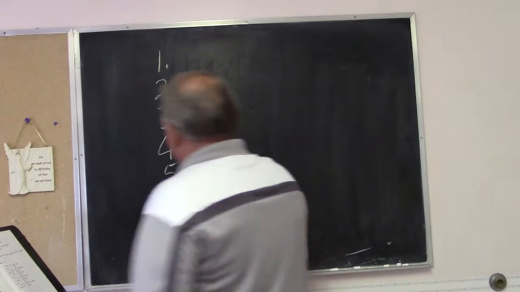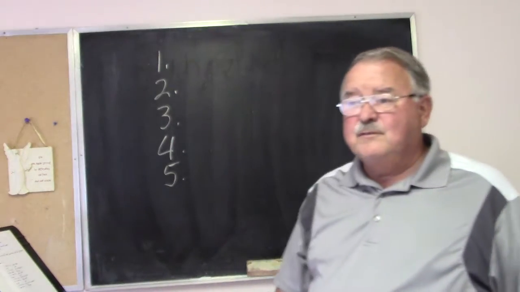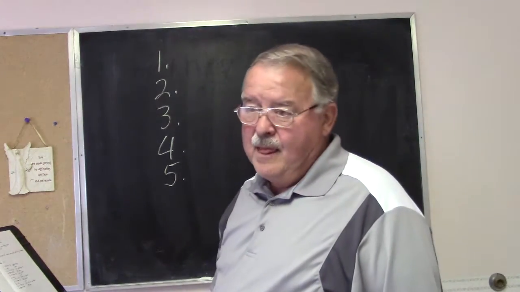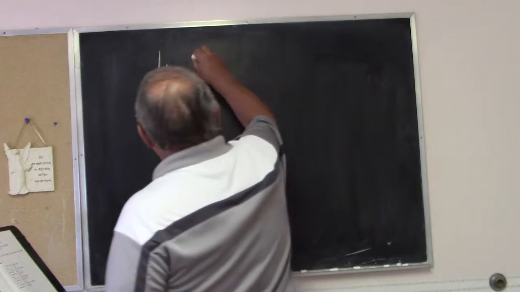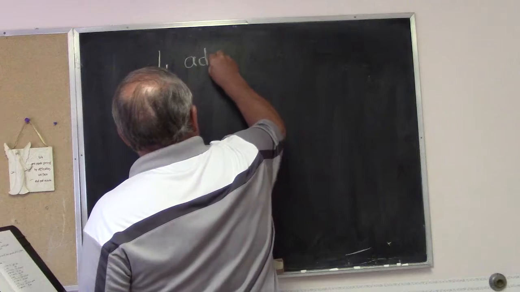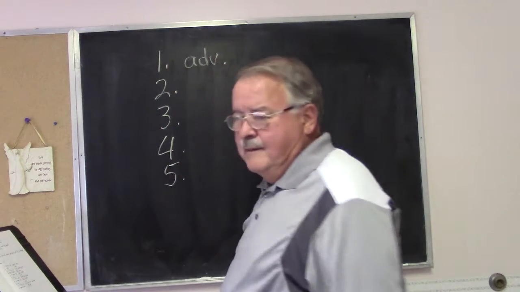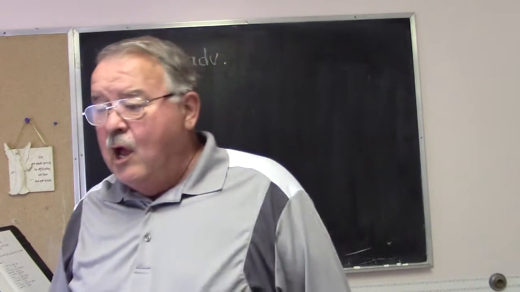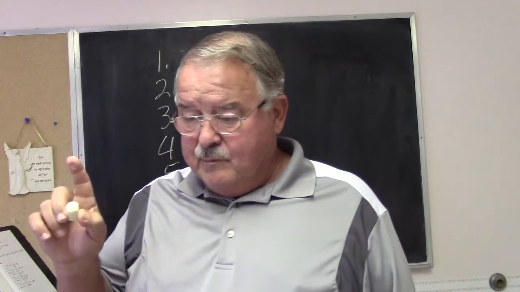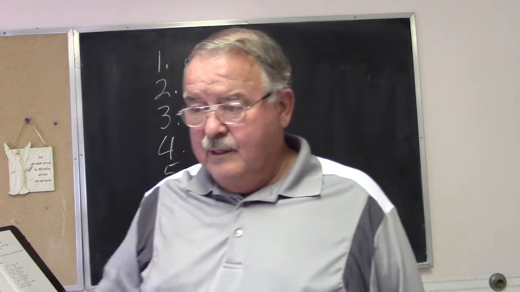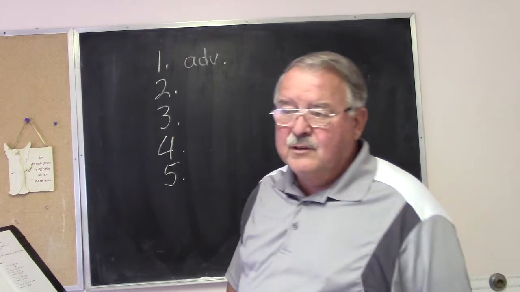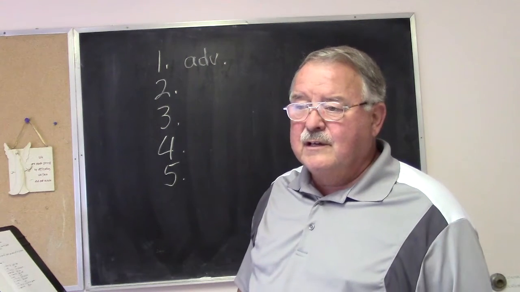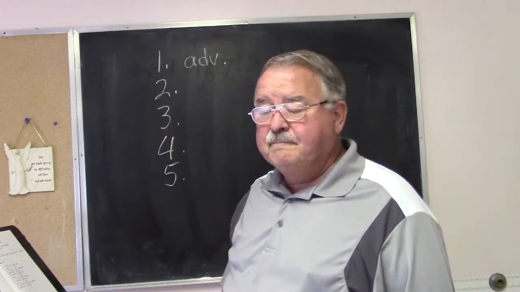All right. What is the morphology on the first word? Adverb. All right, we'll put adverb, just ADV. And what is the best meaning? If you punch the Strong's number above the word, look over some of the definition there and give me an idea of what it's about.